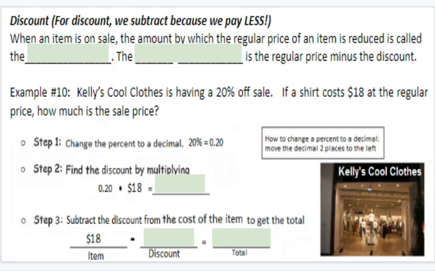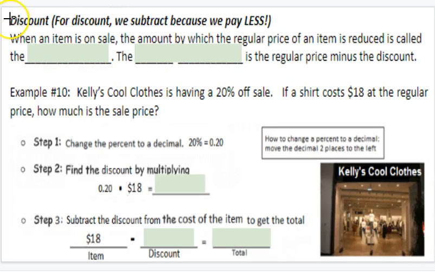Okay. So next slide, the next few examples here are about discount. So remember we said the markup is when I'm adding to the original cost so that I can make a profit, right? A discount is when I subtract from the original cost. So for discount, we subtract because we pay less, all right? A markup means the price goes up.